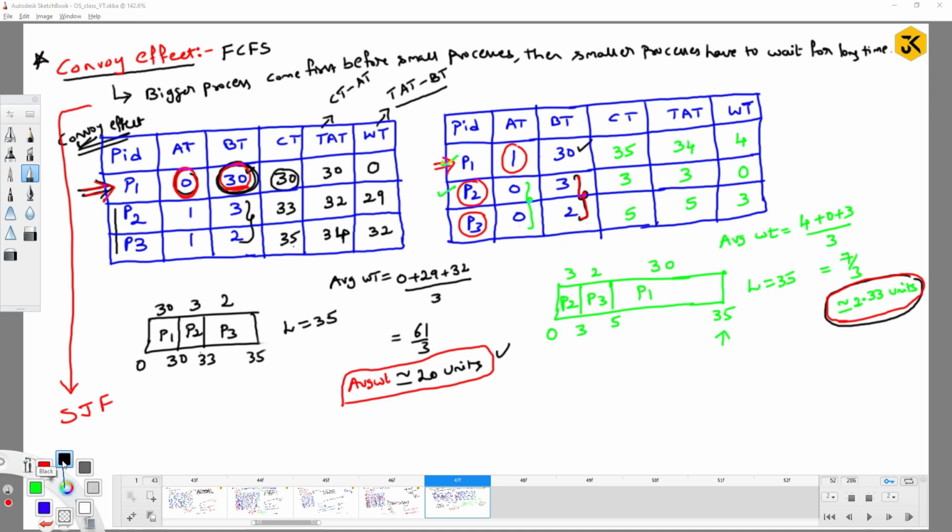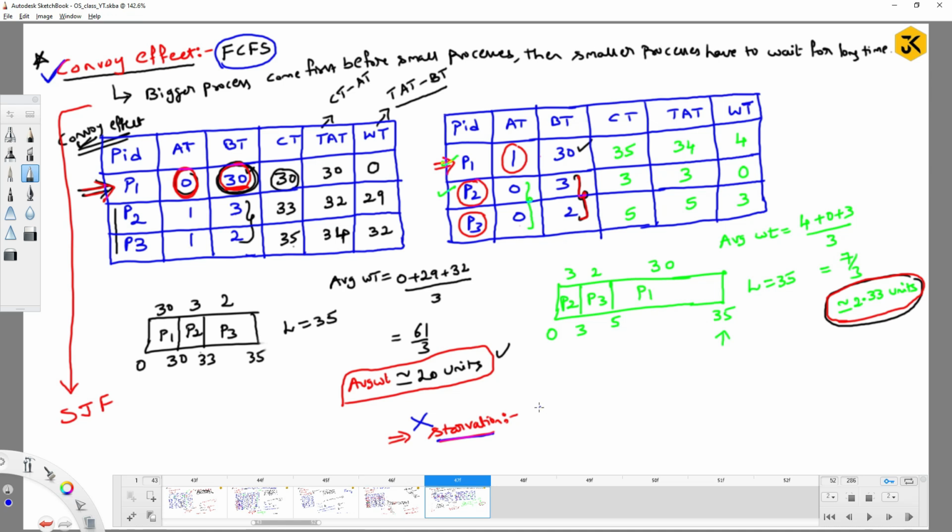Can this particular algorithm have starvation? No. Convoy effect? Yes. In FCFS, the convoy effect is there, but starvation is not there. What is the general meaning of starvation?